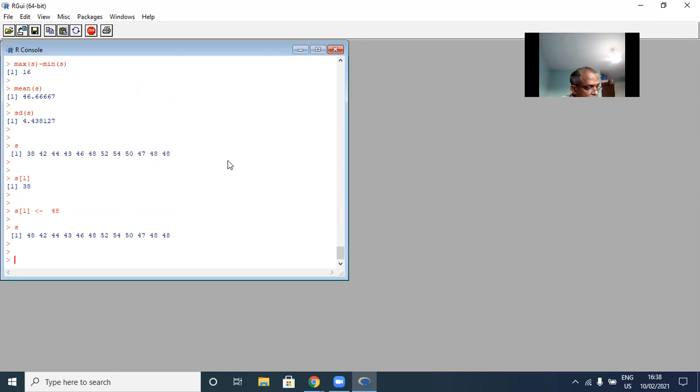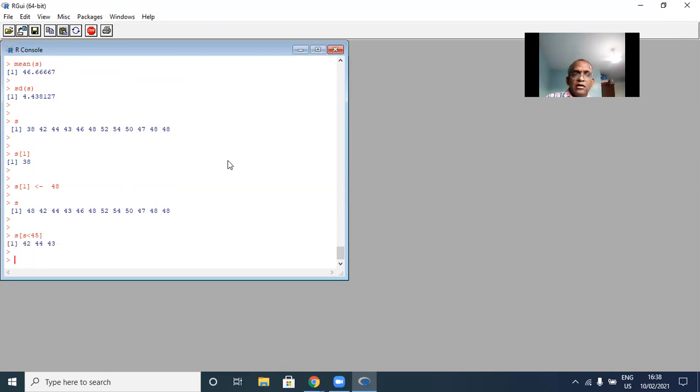Okay, and the next part is to find the percentage of days when the closing price was less than 45. All right, now to do this, first you need to work out how many of the closing prices are less than 45. And so there are 3.